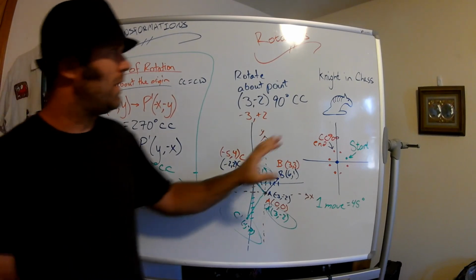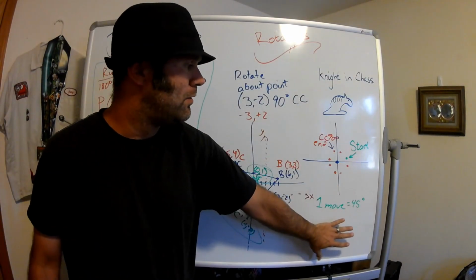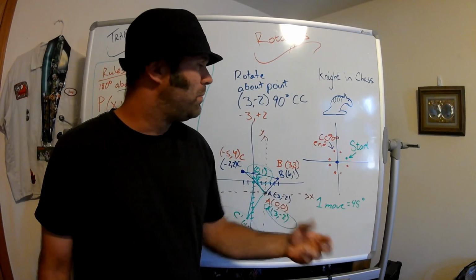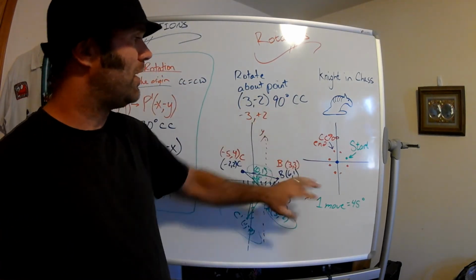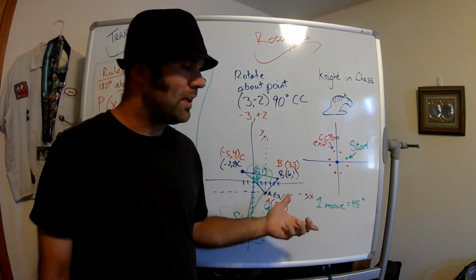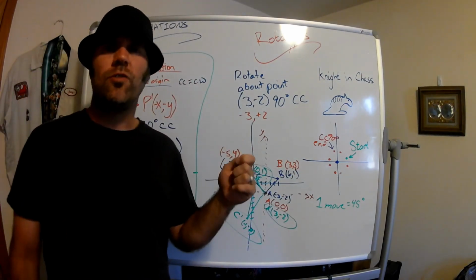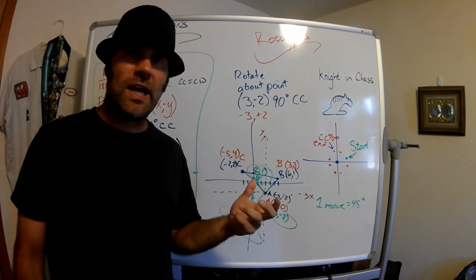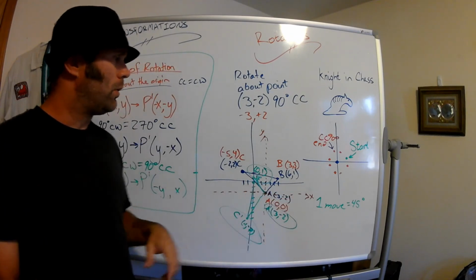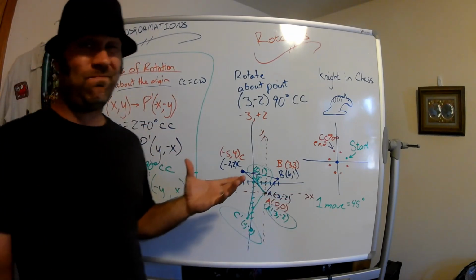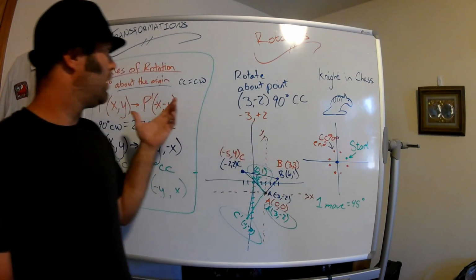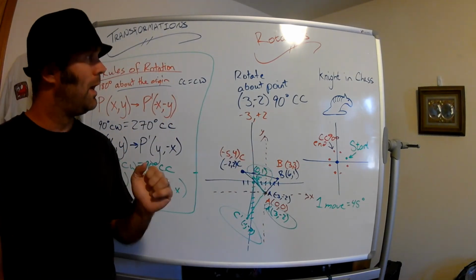It actually eliminates the need for this chess idea. But I just think it's so neat, the chess idea. I always throw that in there because I think it's a visual aid that really helps us identify and understand rotations before we actually get into the algebraic rules. And that is about it.